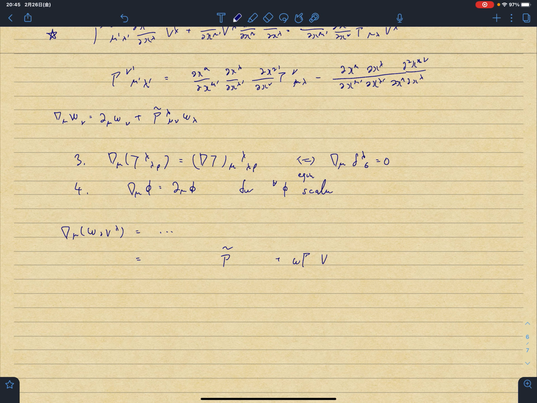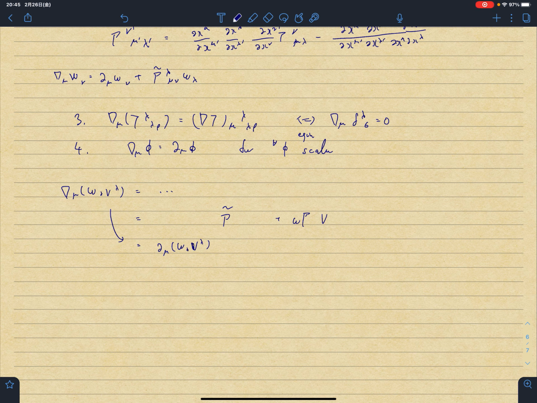So delta mu omega lambda v lambda. The covariant derivative acts on a scalar as a normal partial derivative. So you can write it like this. So this is true, and they cancel each other.